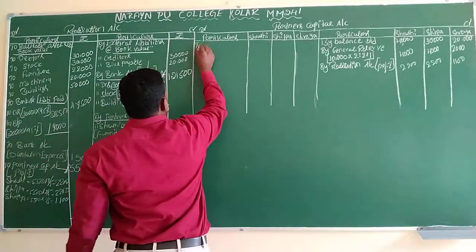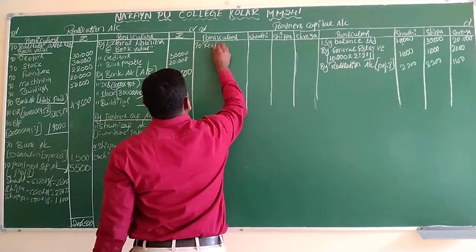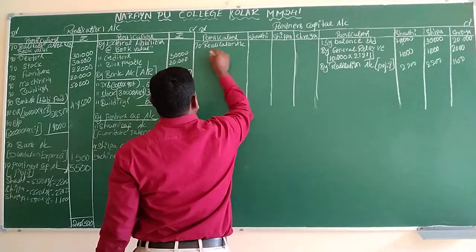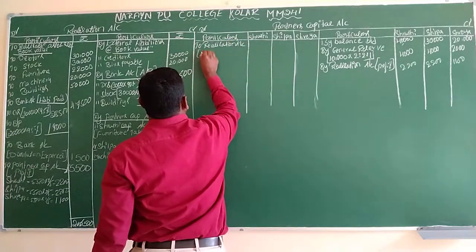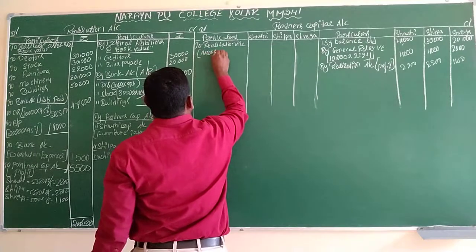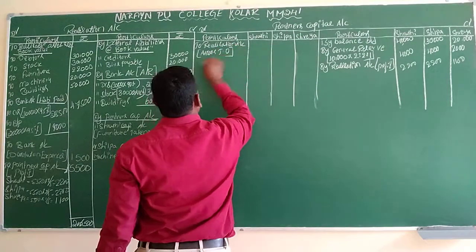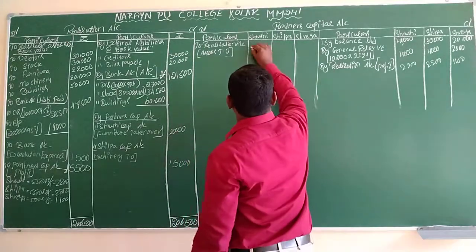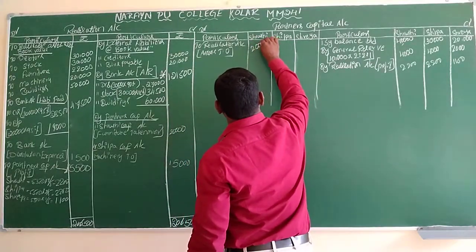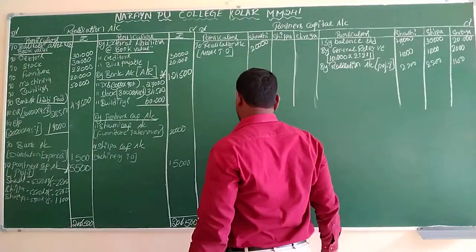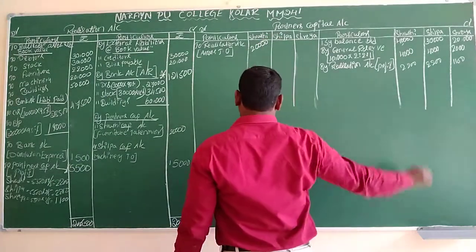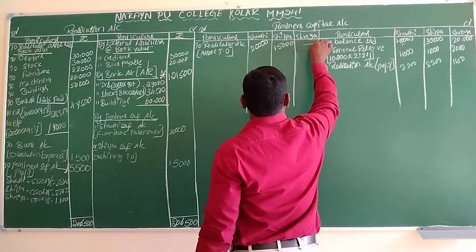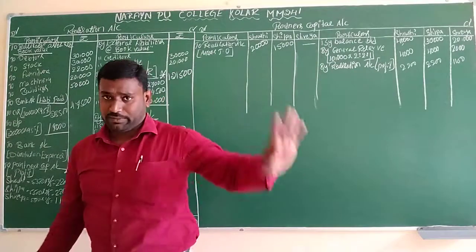We should write to realization account, and in brackets write assets taken over. So the first partner Shruti has taken over the value of furniture, that is 20,000, and Shilpa has taken over the value of machinery, that is 15,000. And Shreya didn't take anything.